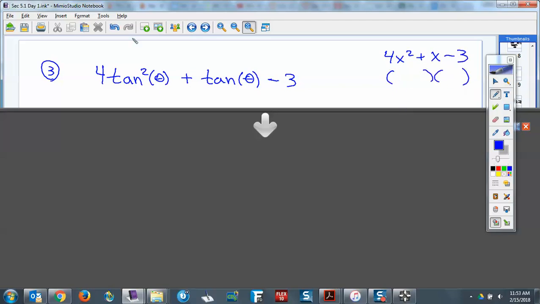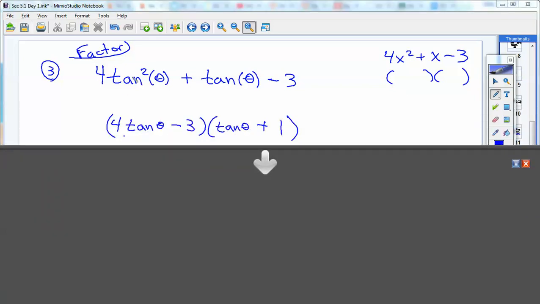Foil, right? So the directions actually on this one would be factor. You know, I told you you wouldn't factor if you can't cancel, but unless the directions aren't to factor, if the directions aren't to factor, then that's what you want to do. So what do you do? Well, how do you make 4 tangent squared? Well, you either take 4 tangent times tangent, that would make 4 tangent squared, or it could be 2 tangent times 2 tangent, right? And so you try those, and you see your outers and inners, what those make, to get your middle and all that stuff that you did before.